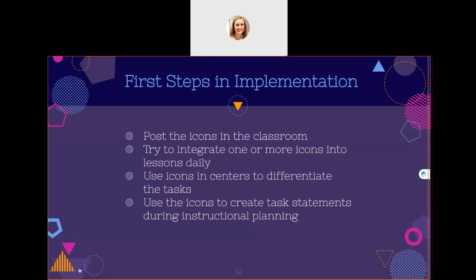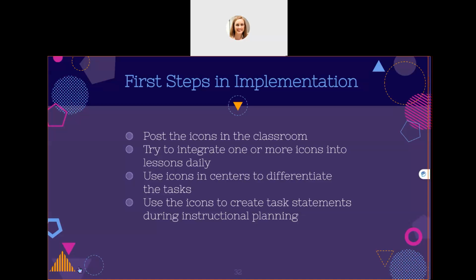So now that we've looked at the 8 icons of depth and the 3 icons of complexity, now we're going to take a look at some ways that you can start to implement depth and complexity into your classroom or even share with other teachers in your building.